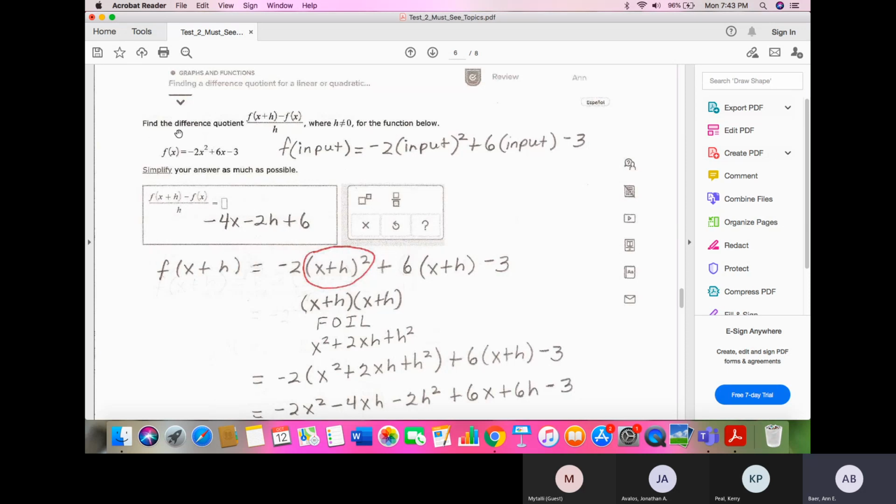So we want to find the difference quotient, f of x plus h minus f of x over h. It's called the difference quotient because we have a difference going on in the numerator with that subtraction. And then because of the division here, it's a quotient.